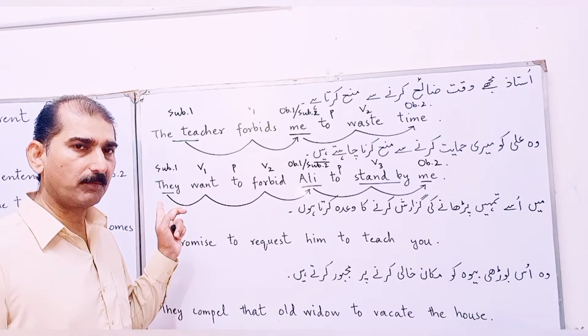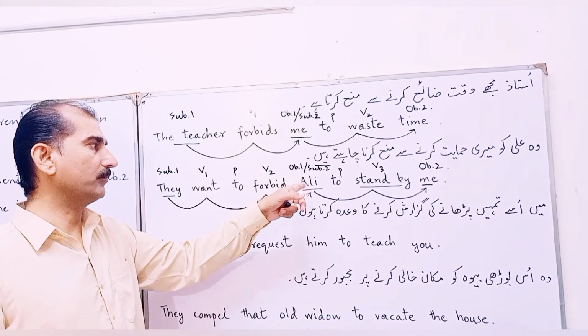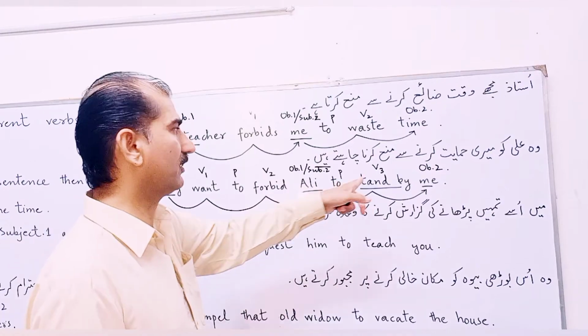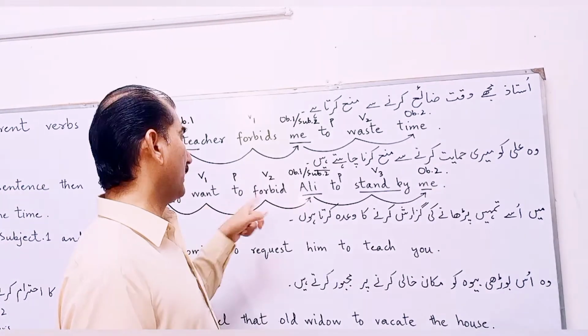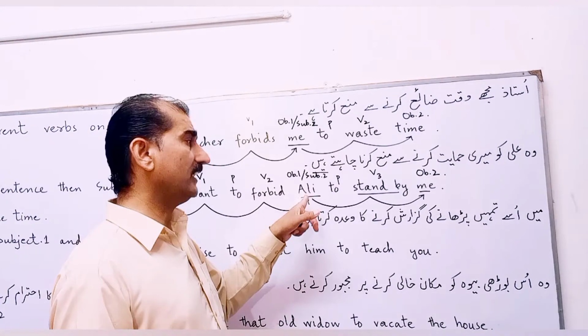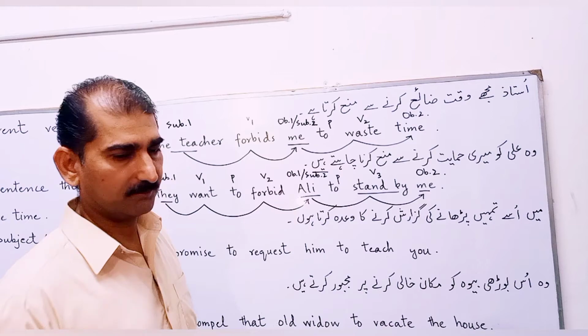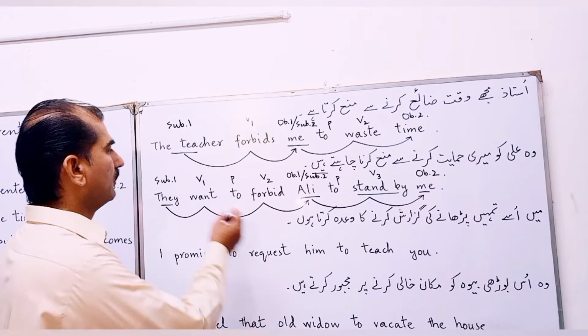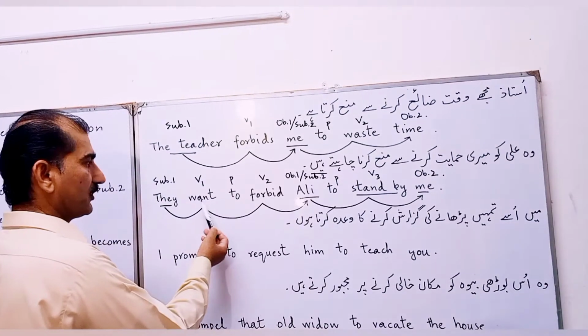The subject is applying two verbs on the same object, and the same object serves as subject second for the verb third and object second. वो मना करना चाहते हैं अली को कि अली क्या करे, कि अली मेरी हिमायत करने से बाज आ जाए. यानी वो अली को मेरी हिमायत करने से मना करना चाहते हैं.